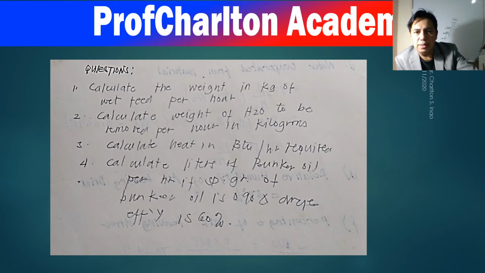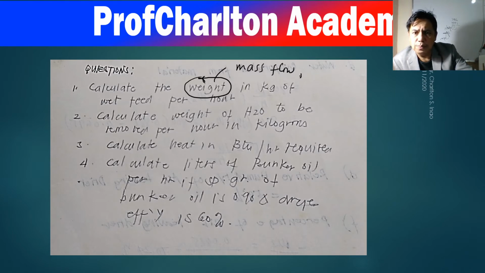Once we hear this weight, in engineering sometimes the terms are interchangeable, like weight and mass. As long as gravity is not a concern, weight and mass could be interchangeable. So what we're talking about here is the mass. So mass flow, or the weight flow, kilogram per hour.